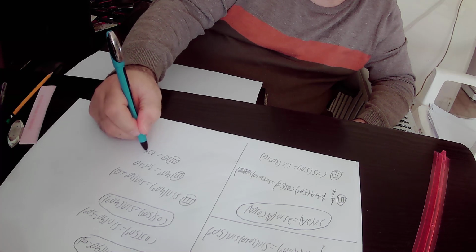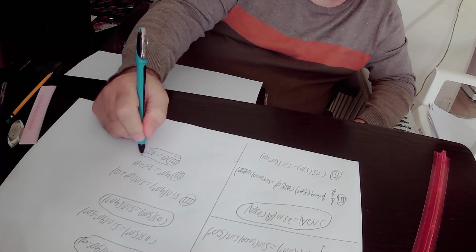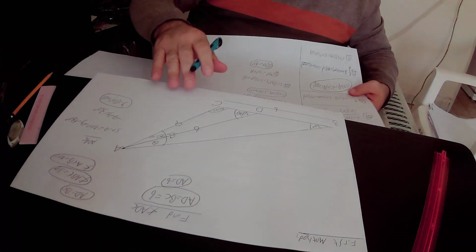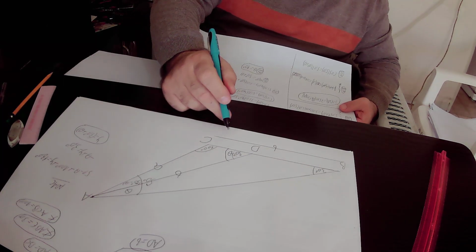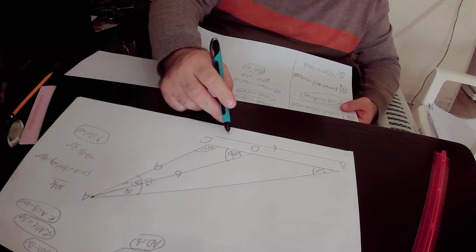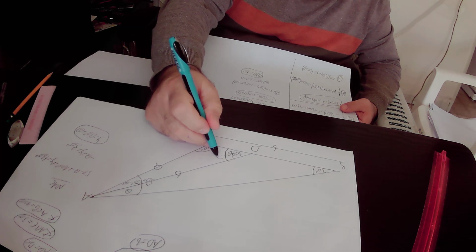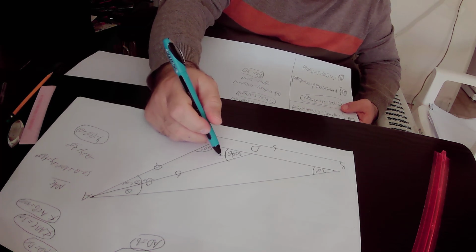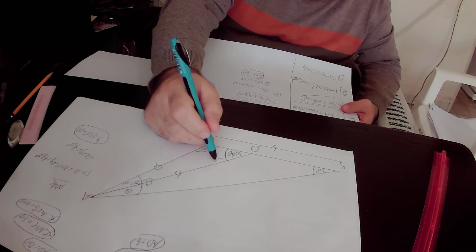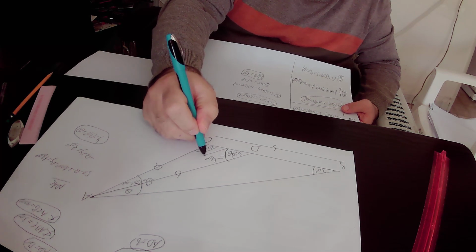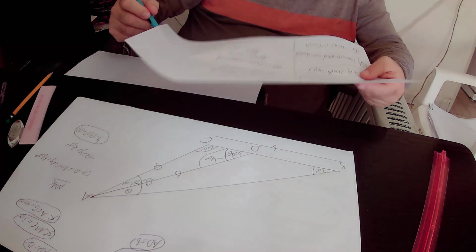So we found out that angle theta equals 10 degrees, but the angle that we are looking for, that is angle ADC, equals 30 degrees plus theta. So 30 degrees plus theta will be equal to 30 degrees plus 10 degrees, because theta equals 10 degrees. So it is 40 degrees.